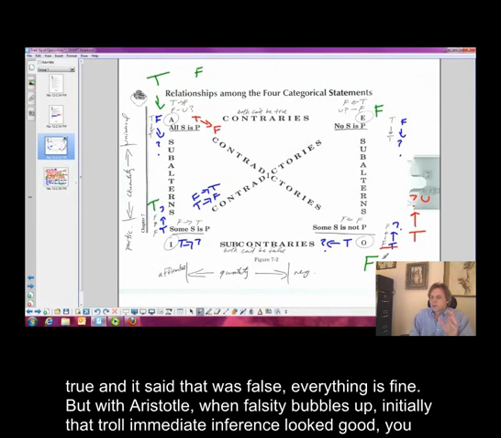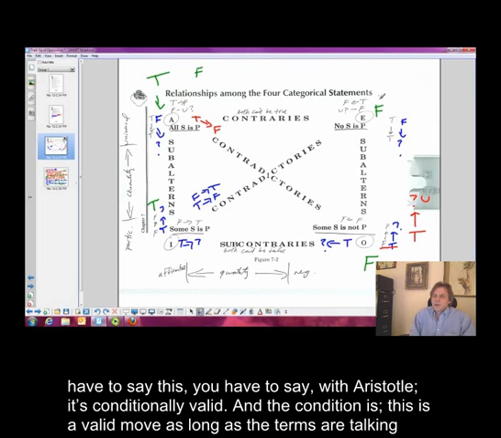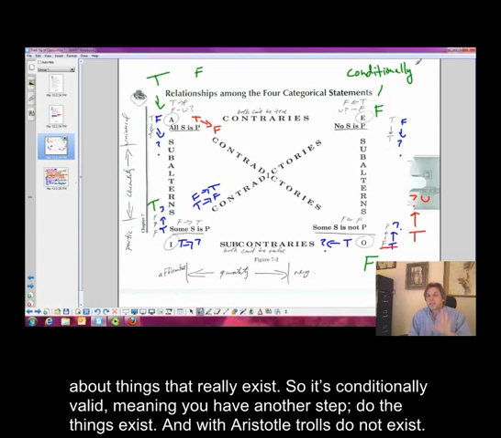But with Aristotle, when falsity bubbles up, initially that troll immediate inference looked good. You have to say this. You have to say, with Aristotle, it's conditionally valid. And the condition is, this is a valid move as long as the terms are talking about things that really exist.